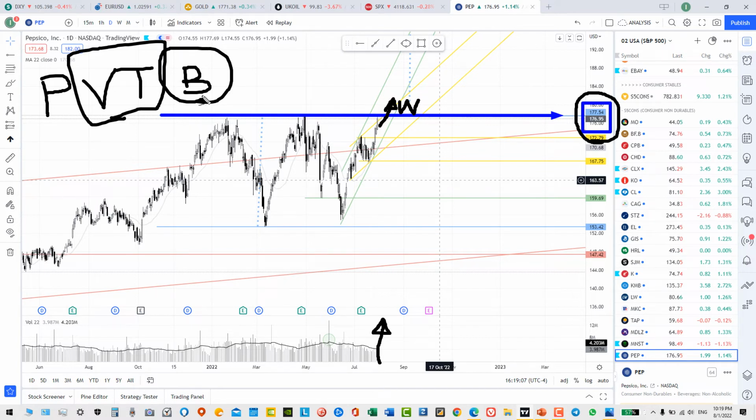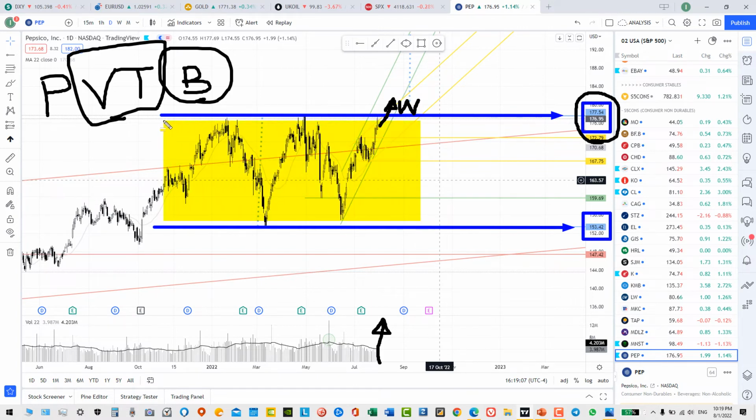a target that we will calculate now by measuring the distance between the support of the sideway and the resistance of the sideway. So the distance between the support and resistance, which is the thickness of the trading range, is around $20. Maybe a little bit more if you calculate 154 up to 177, it's almost exactly $23.